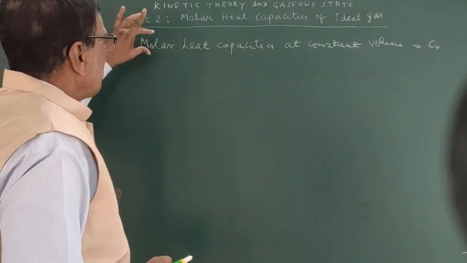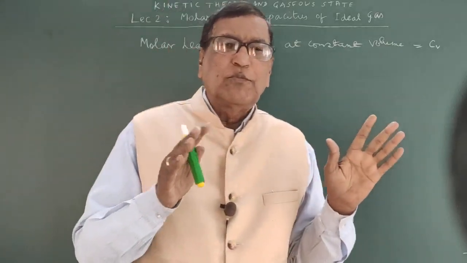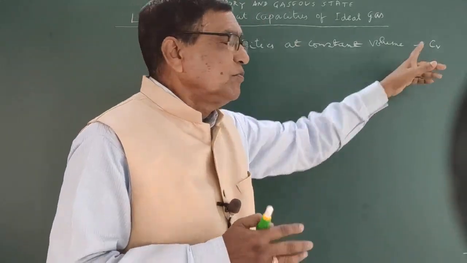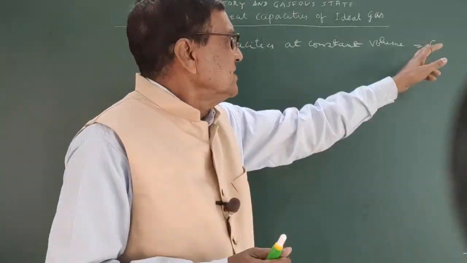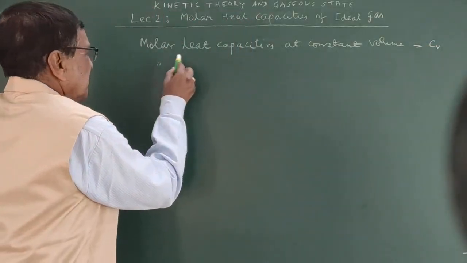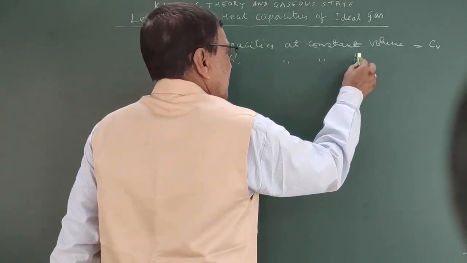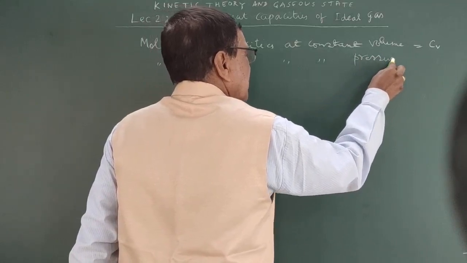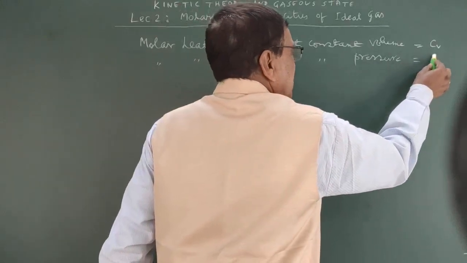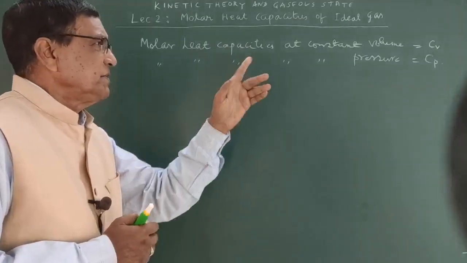It is the amount of heat required for 1 mole of this gas to raise the temperature by 1 degree, provided the volume remains constant. And this is capital Cv. Similarly, the molar heat capacity at constant pressure, if pressure has been kept constant, will be Cp. These are the molar heat capacities, Cp and Cv.